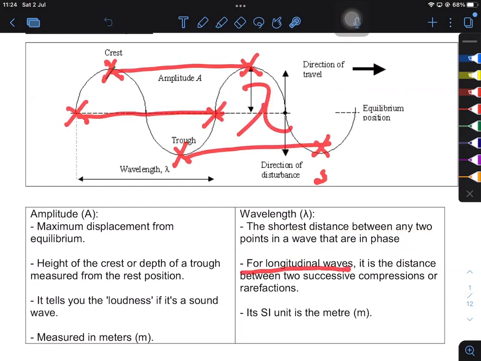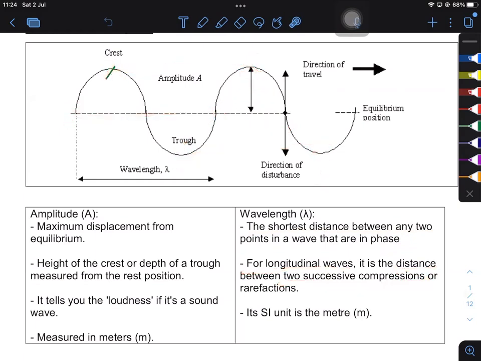For longitudinal waves, it is the distance between two successive compressions. Like I mentioned, it should be compression to compression or rarefaction to rarefaction, not compression to rarefaction or rarefaction to compression. So the SI unit of wavelength is also meters. Nothing much to explain here.